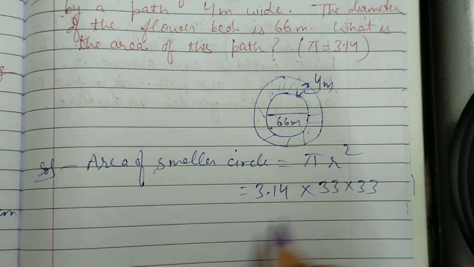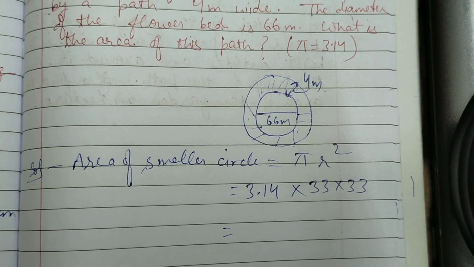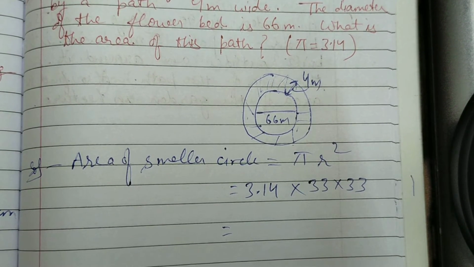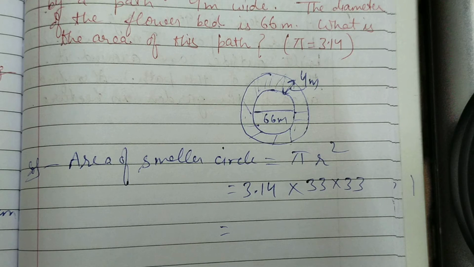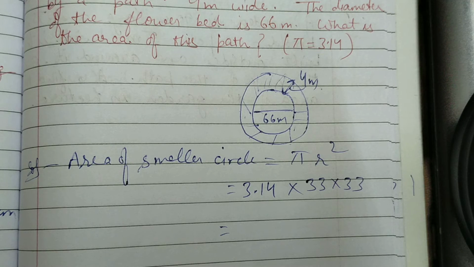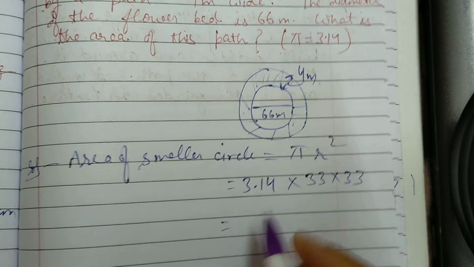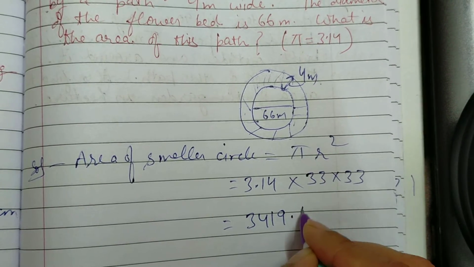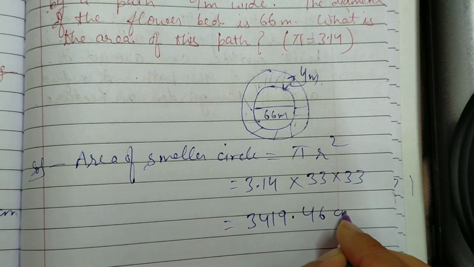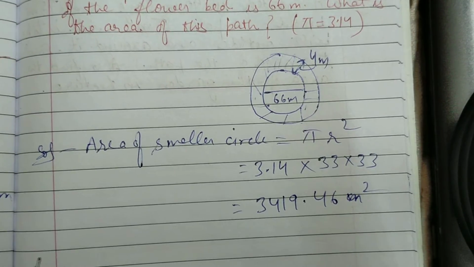So 33 multiply 33. Calculate it and you will get the area of the smaller circle. It is 3419.46 meter square. This is the area of the smaller circle.